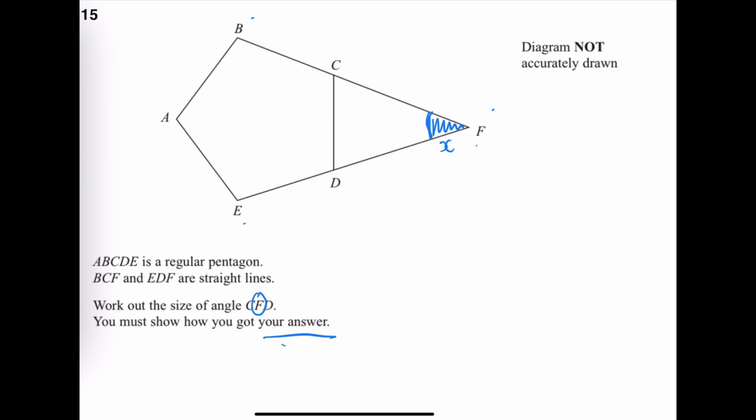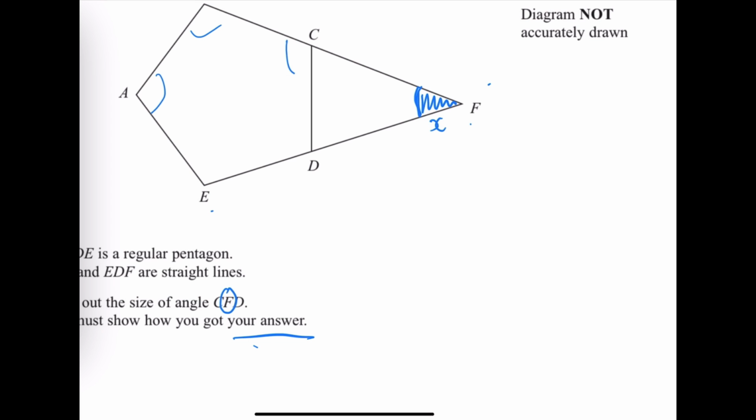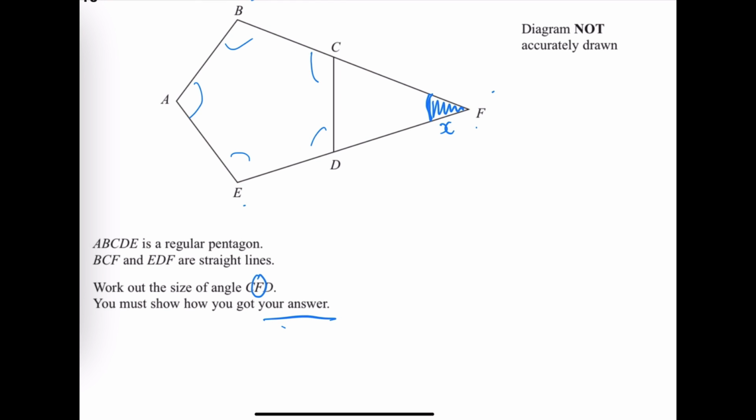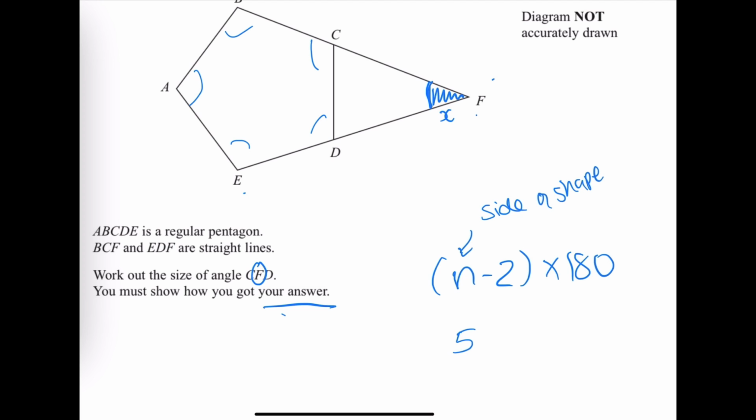So we start by finding what the angle is in a pentagon, and we can do this using a simple equation, which is n minus 2, where n means the number of sides of whatever shape you have, and you times this by 180. We can see a pentagon here, so ABCDE has 5 sides. 5 minus 2 times 180, we know that is 540.